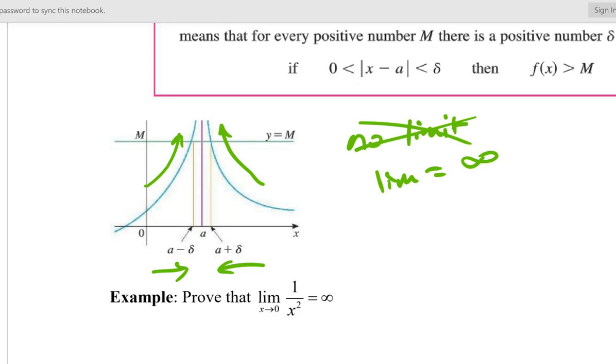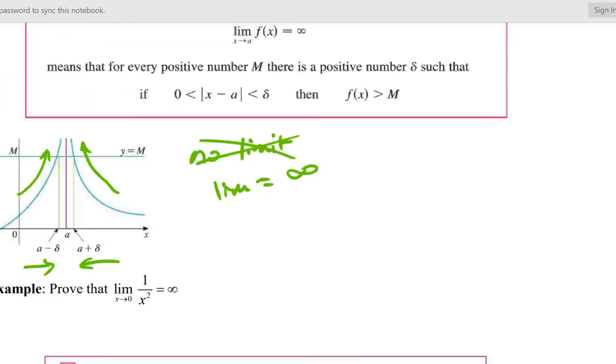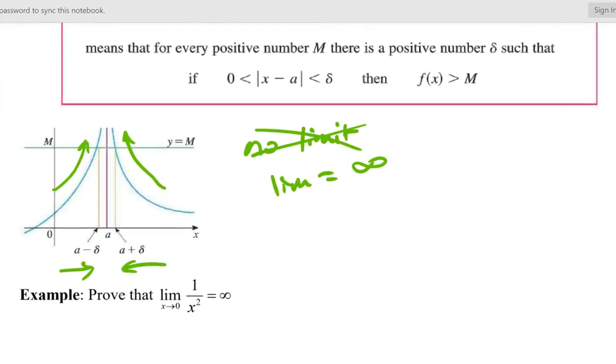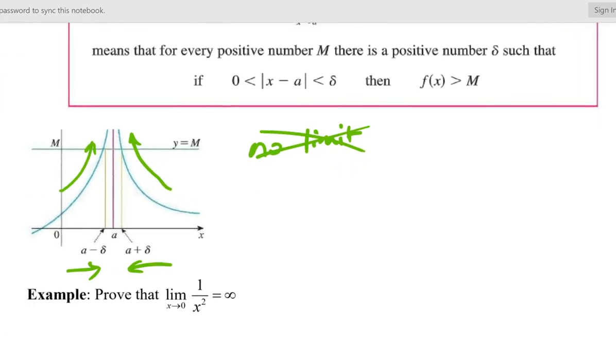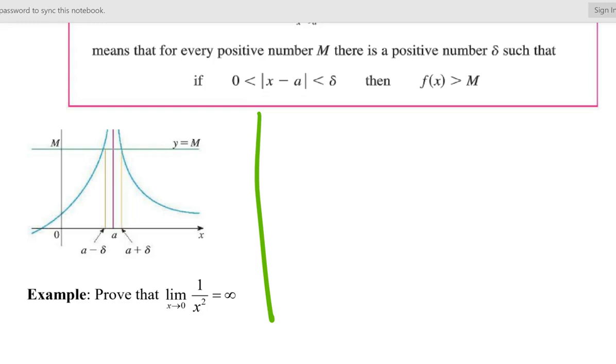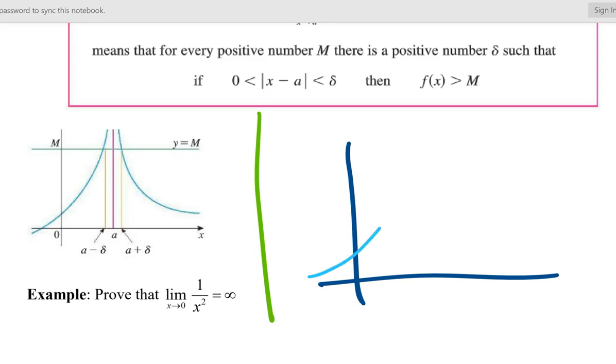So what do you do? Well, the way you do this is the following. The way you prove it, or you make the definition really precise, is you say, okay, let me draw this out. Okay, so we have a function, and let's draw the function in blue. And suppose you're getting closer and closer to a on the x-axis.